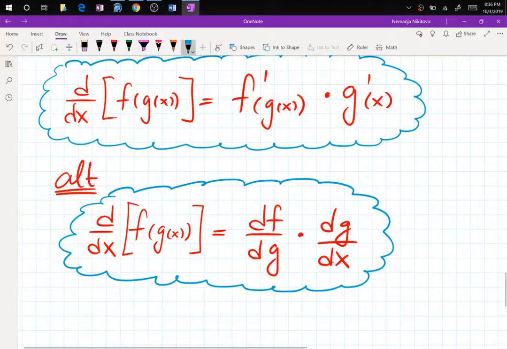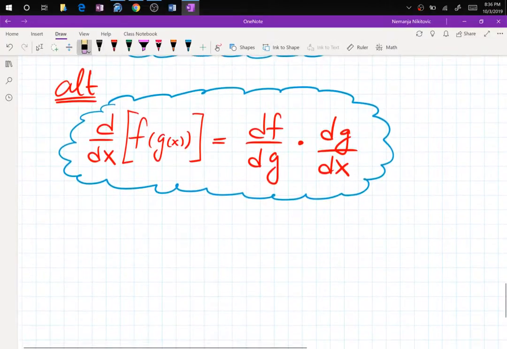The second one is better when you have multiple functions, but let's deal with two first. The goal is to take the derivative of f with respect to x. You see that when I cancel the dg's, you exactly get df dx, right? That's the ultimate goal.